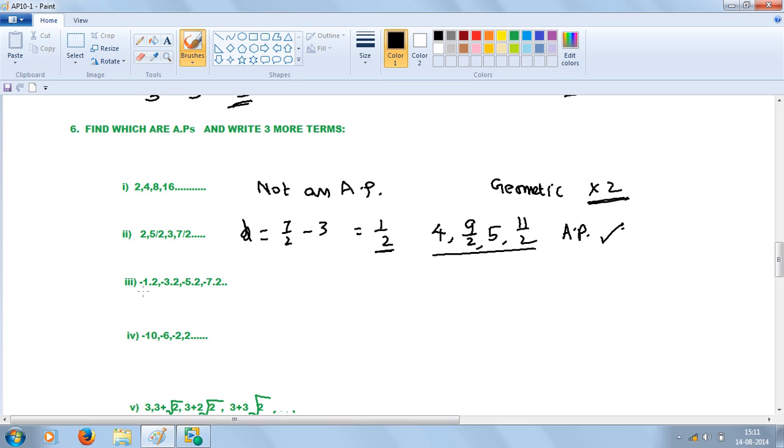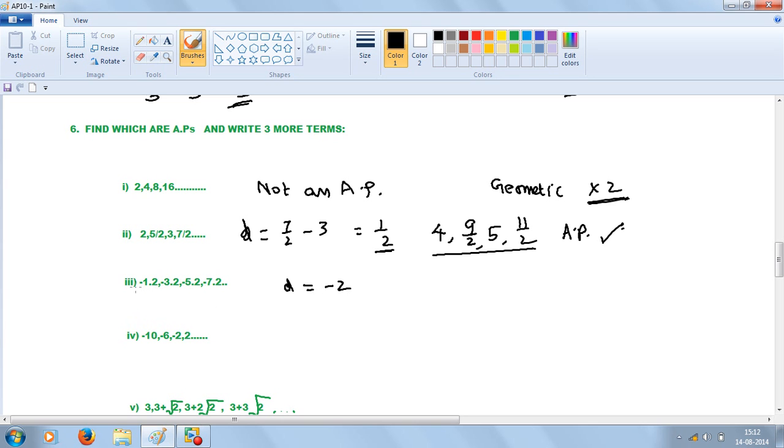So next problem, number 3. It's minus 1.2, minus 3.2. So we can find the difference is minus 2. Here 5.2, again the difference is minus 2. Here the difference is minus 2. Common difference is minus 2.